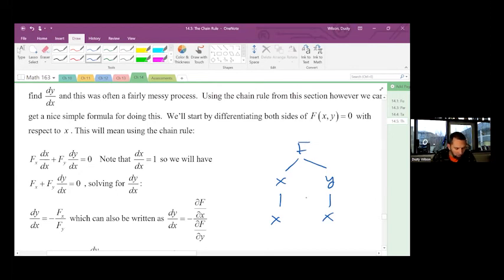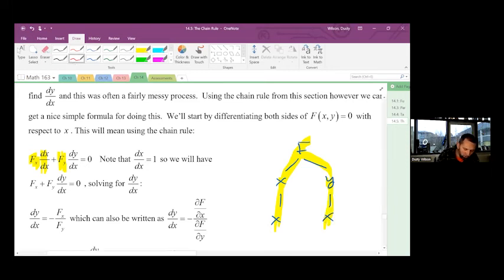So our chain rule with respect to x is going to require the partial derivative of big F with respect to x times the derivative of x with respect to x, that's here, and then plus the partial derivative of big F with respect to y times dy/dx here.